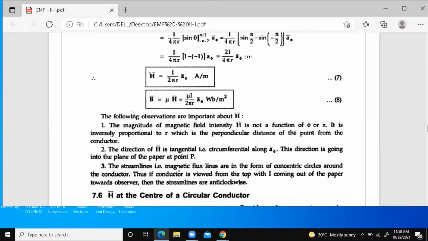Now, the direction of H is tangential, that is circumferential, along aφ.